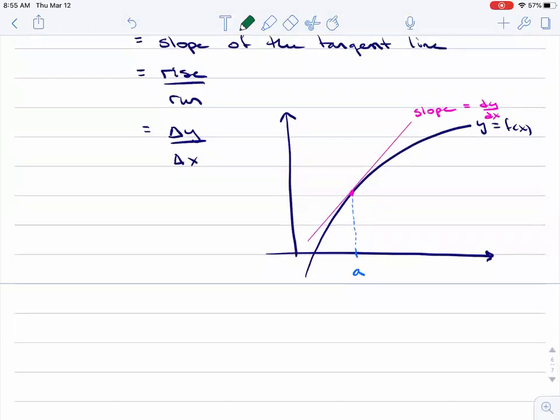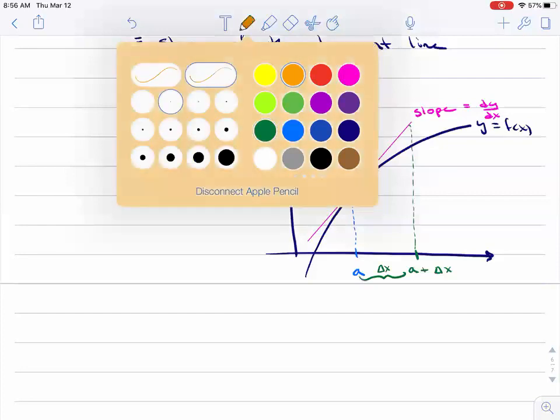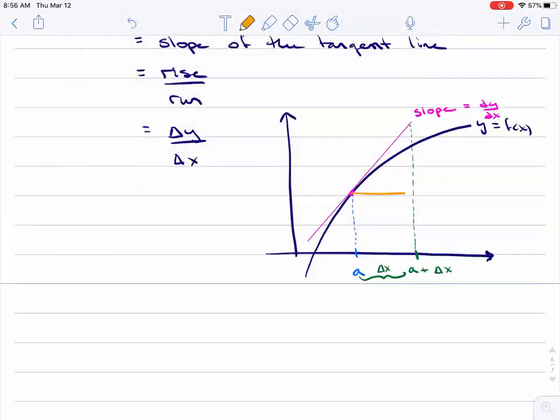If I go out to A plus delta x, so I move out some delta x amount, then here, if I trace this all the way up to my tangent line, this distance here, let me use a different color here. My delta x is my dx.